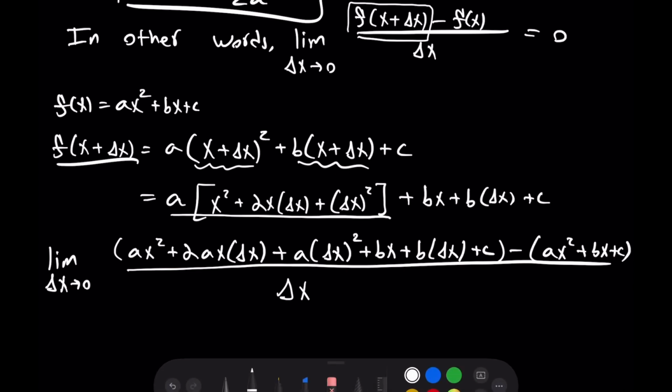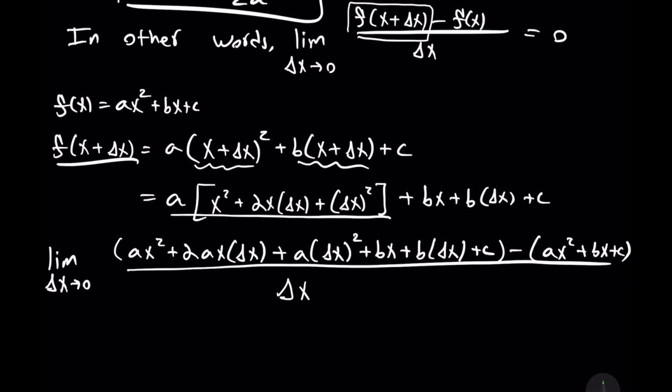Well, certain things are going to cancel out. So notice this negative here. So we have positive ax squared. Here's a negative ax squared. Those go away. Here's a positive bx. Here's a negative bx. Those go away. Here's a positive c. Here's a negative c. Those go away.